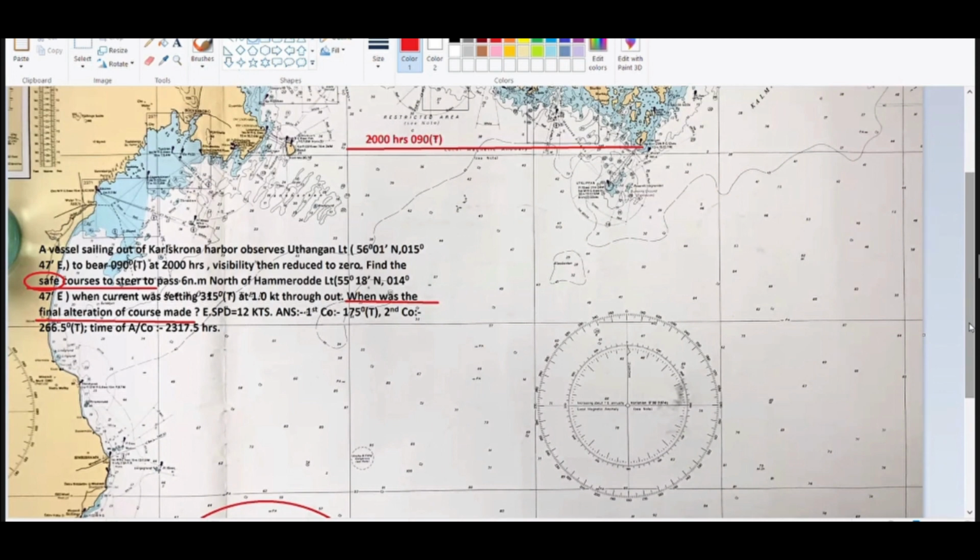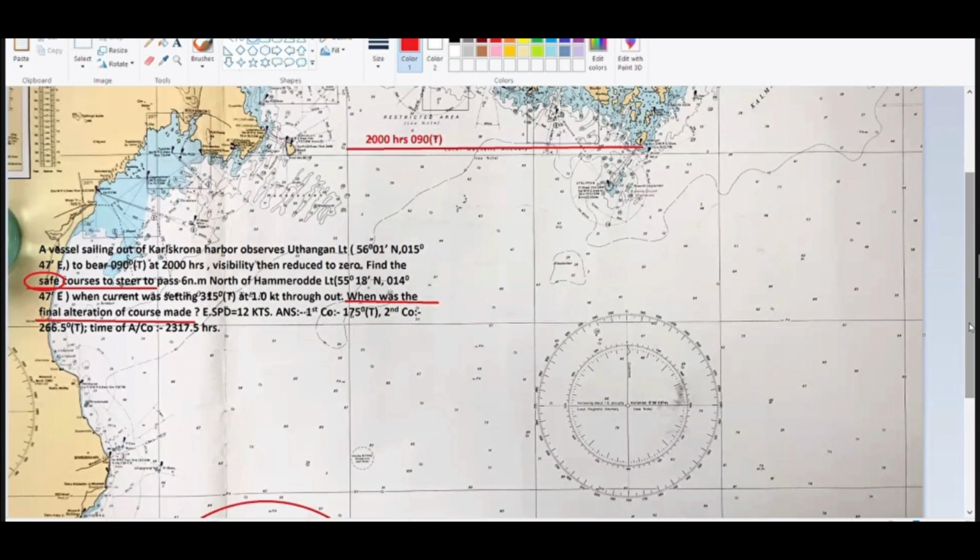We cannot see anything after that. But we have to find the course. Safe courses, more than one. Two courses we will find out. Safe courses to steer to pass 6 miles north of Hammerod Light when the current is setting so and so.